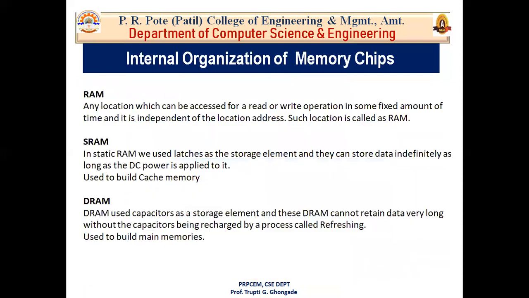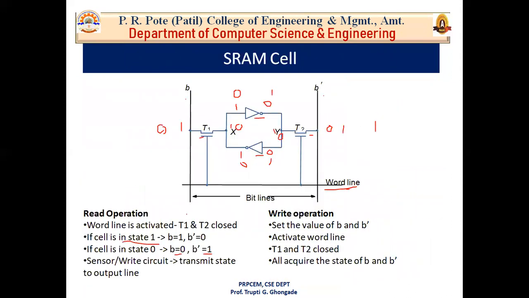Now look at this diagram. If you want to write a value 1 from the sense/write circuit, we will have the bit line B with value 1 and this B dash bit line will get value 0.